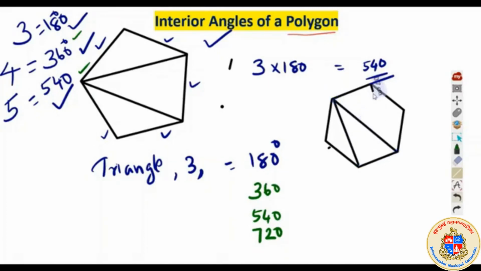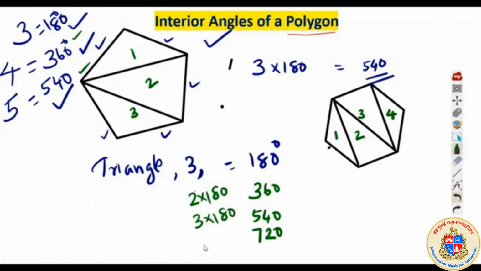Here is another triangle. That means 1, 2, 3, 4. Here it was 1, 2, 3. That means here it was 2 into 180, here it is 3 into 180, here it is 4 into 180.